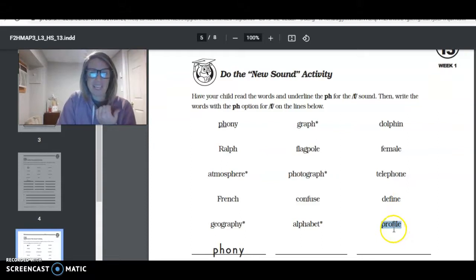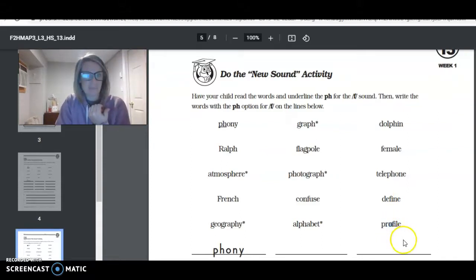Is it an F or a PH? It's an F in profile. Good. All right. A, B, C, D, E, F, G. What am I singing? The alphabet. Very good. And the sound in this one is what? PH.